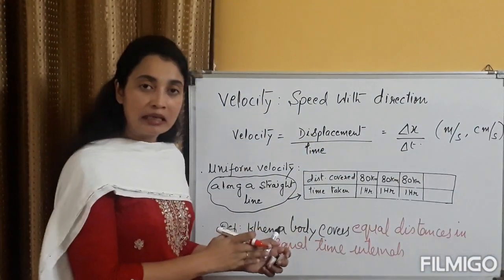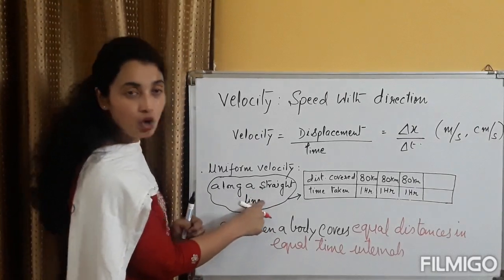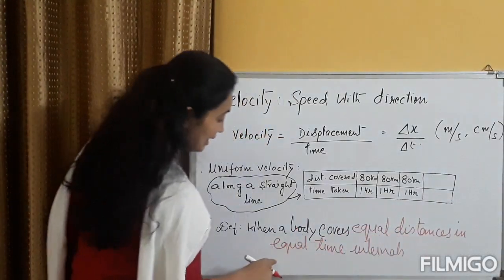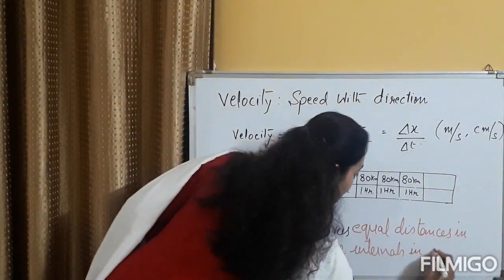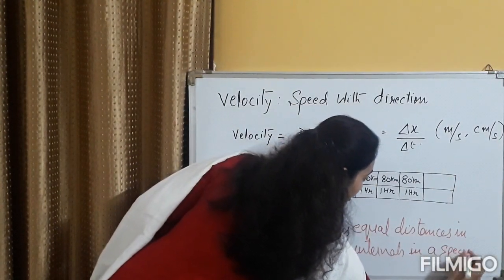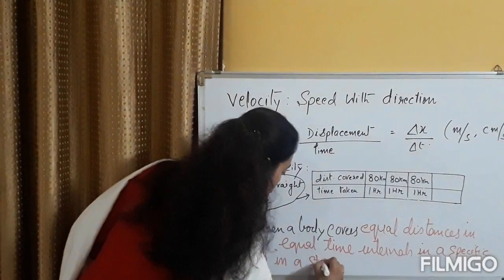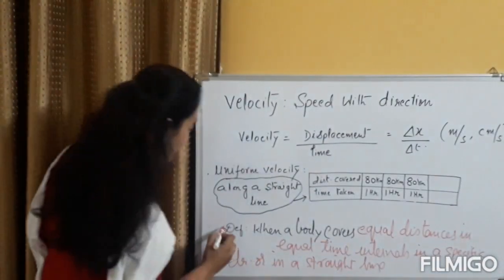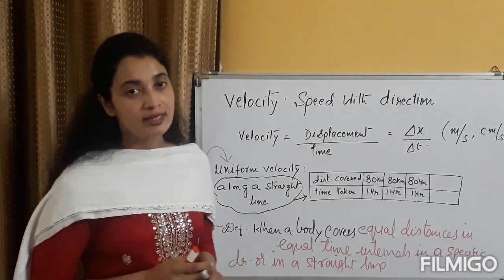Is this sufficient? Is this complete? Yes, you are right. You have to include the direction concept also. When a body covers equal distances in equal time intervals, in a specific direction or in a straight line, you say that the body is moving with uniform velocity.